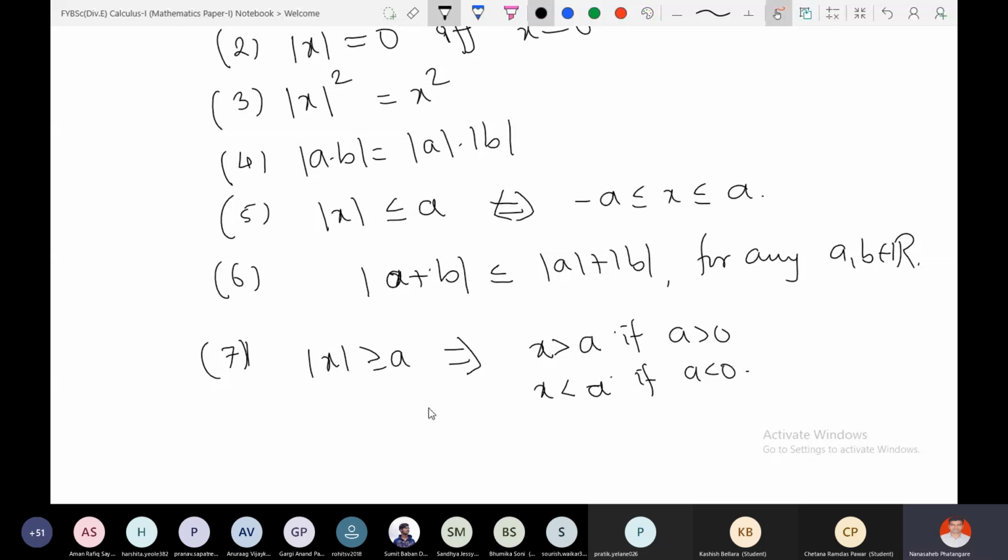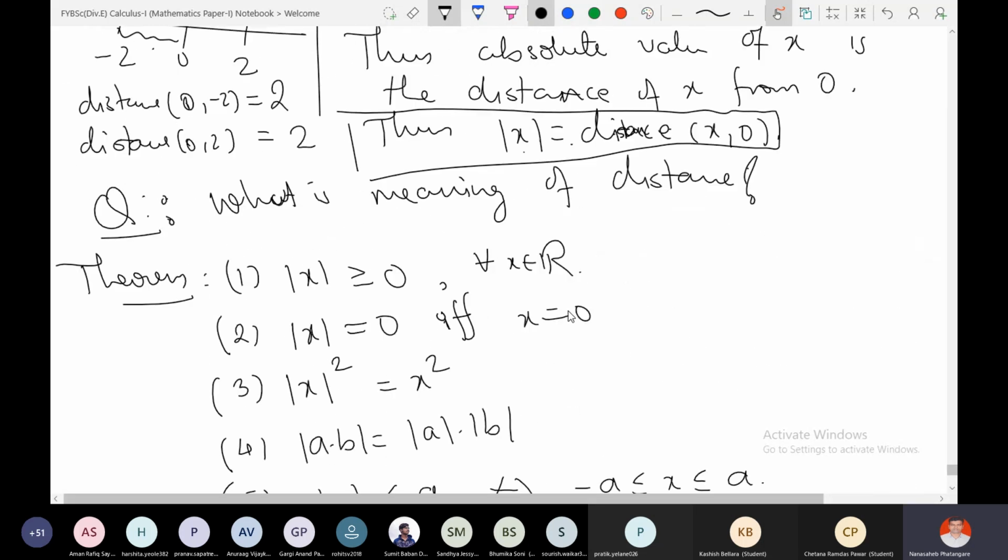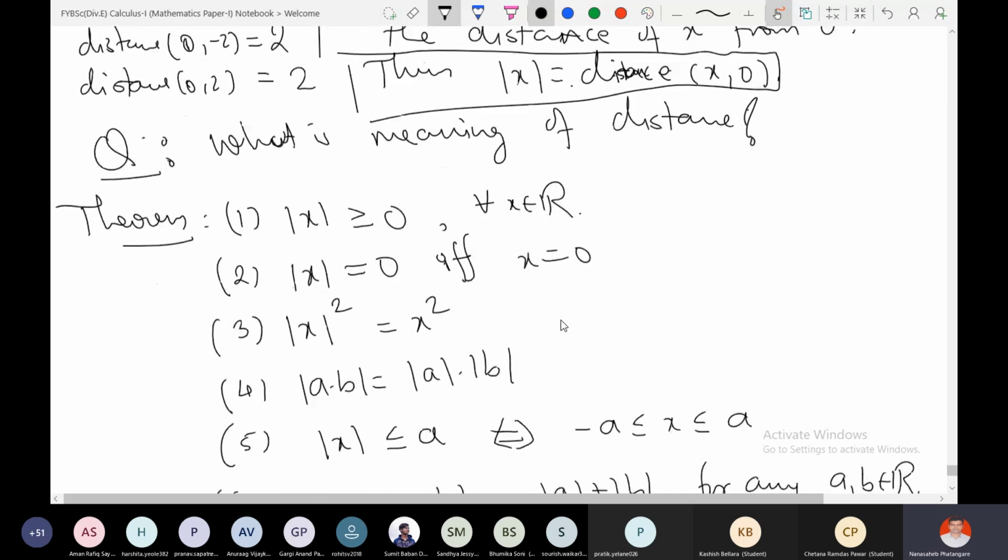So these are the properties of absolute value. We'll see them one by one, and some of them are trivial.